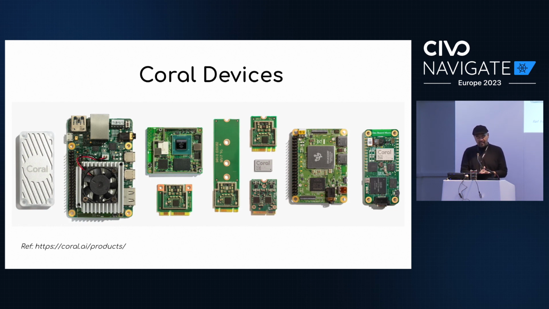There are other devices like a small Raspberry Pi, and other ones that look more like a RAM piece, and other small devices. So you can use whichever of these devices you want. Sometimes they are used just for prototyping.